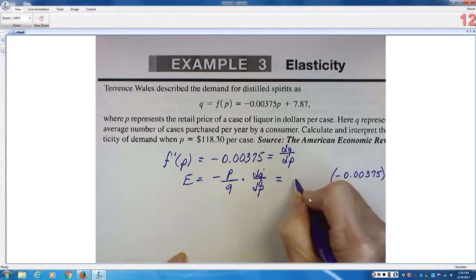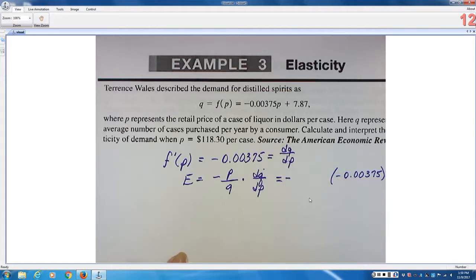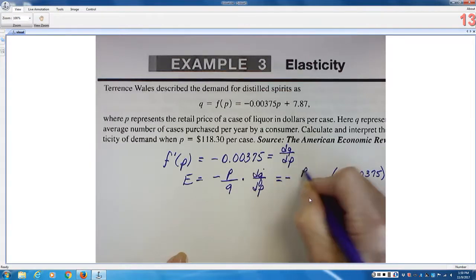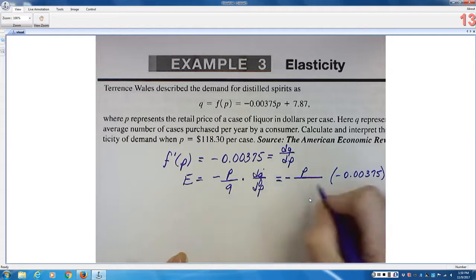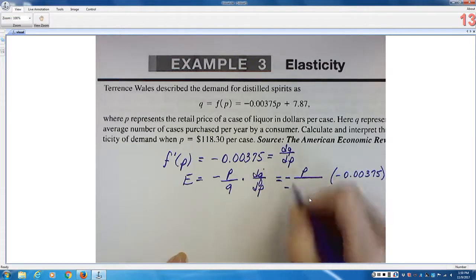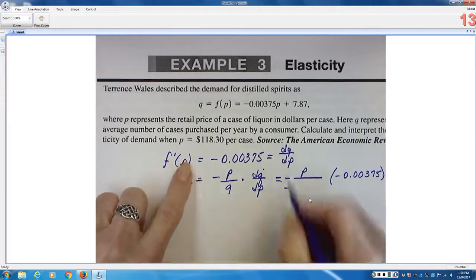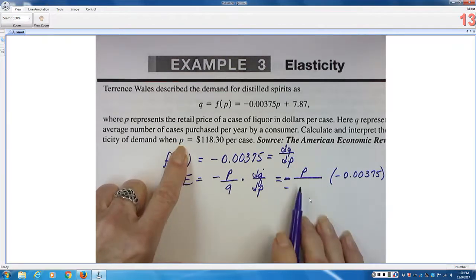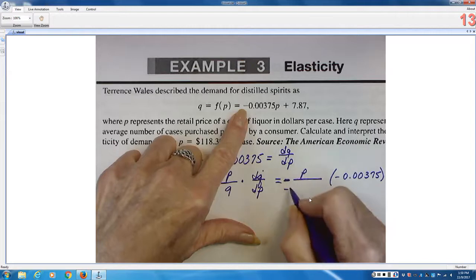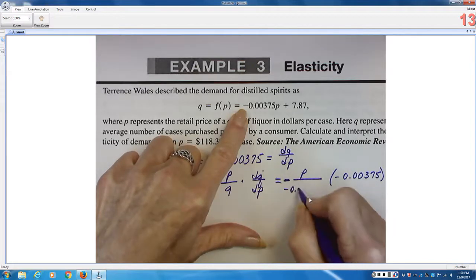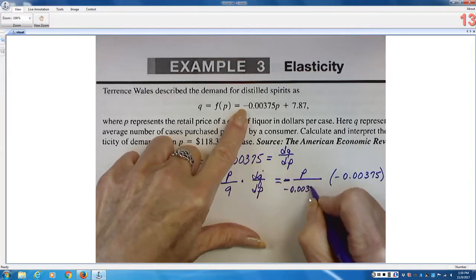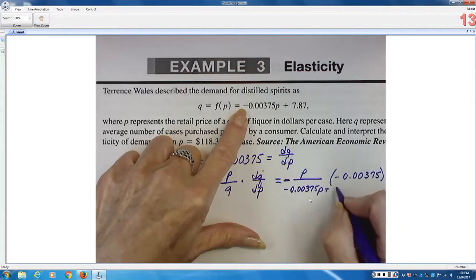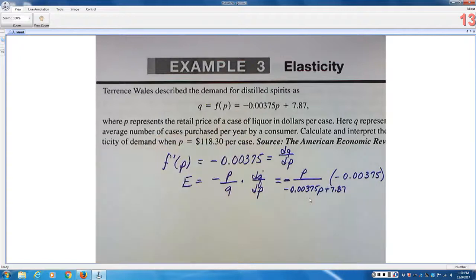So this is going to be negative P over, now remember this negative is because they have opposite signs, the formula for Q. And the price is just simply the price.